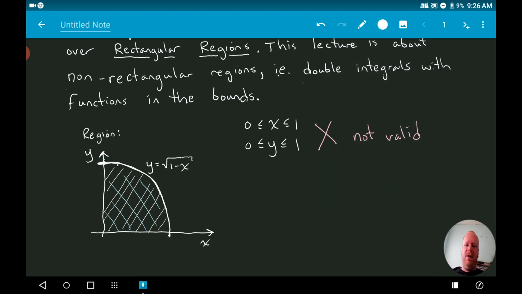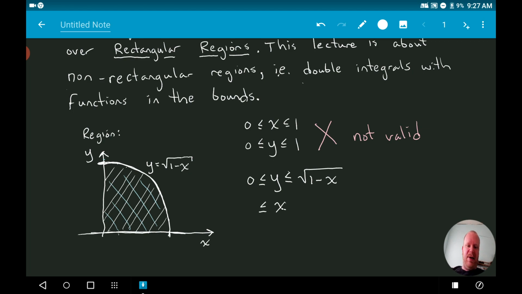What would be better is if we could say that y is in between 0, that's fine. Here's the curve, y equals 0 down here, and the top curve is the square root of 1 minus x. So that keeps us bounded between these two curves, the curve y equals the square root of 1 minus x, and the curve y equals 0.